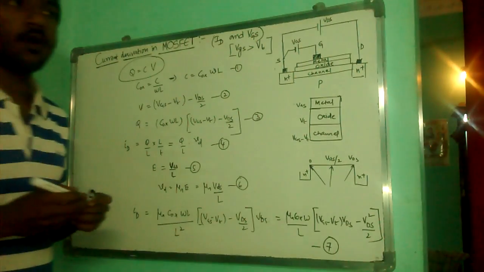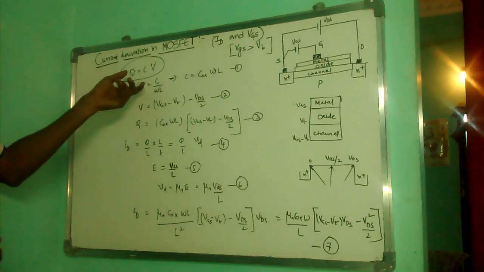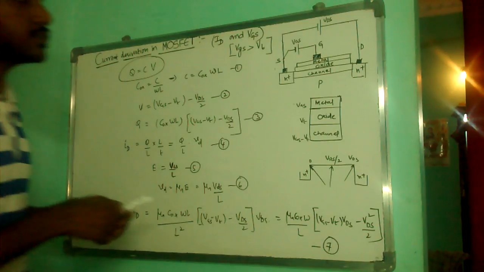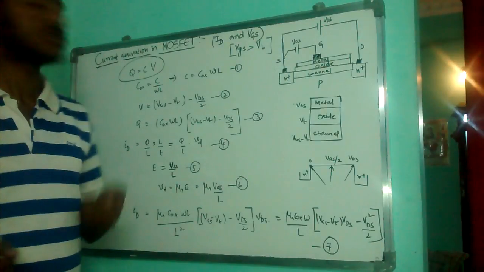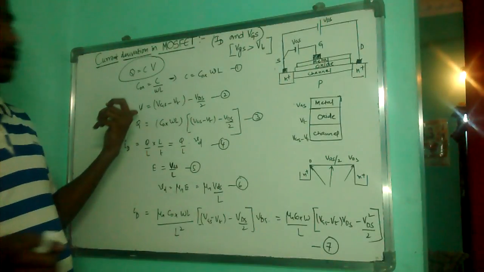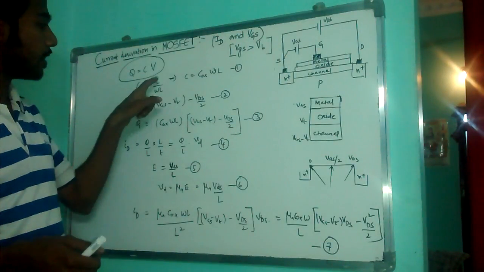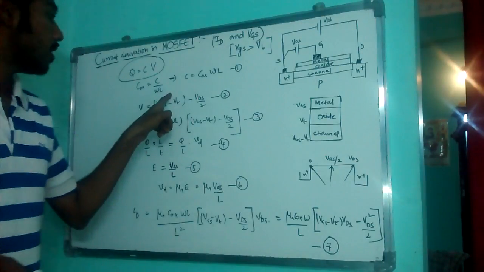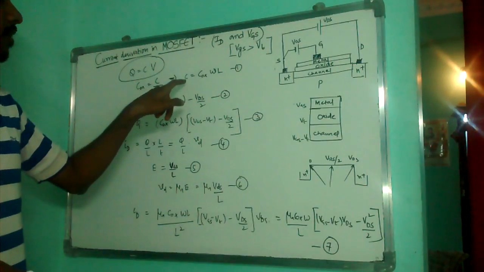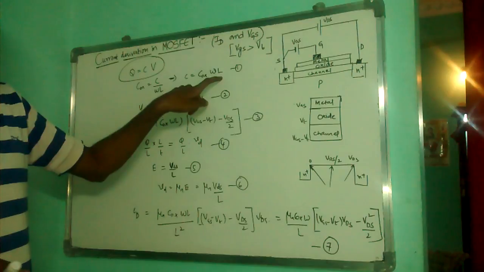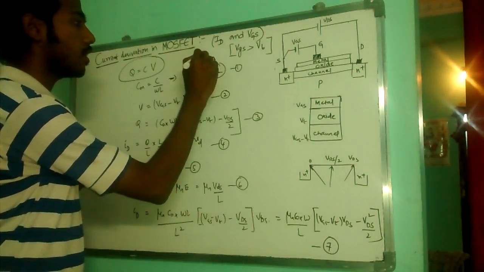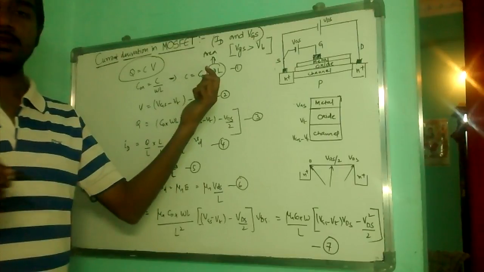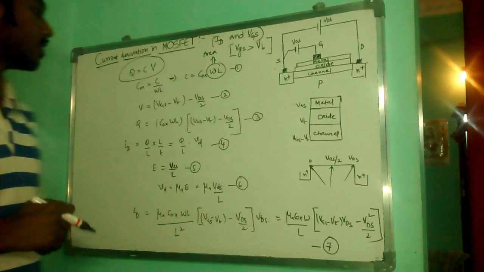This capacitance is given by the metal oxide, which has some capacitance Cox. This Cox is capacitance per unit area, and we get the capacitance as Cox into WL, where WL is the area. Mark it as the first equation.